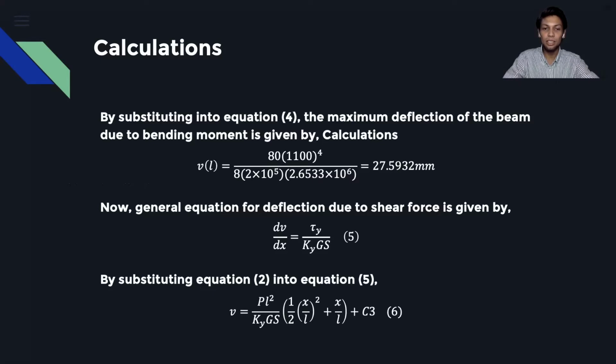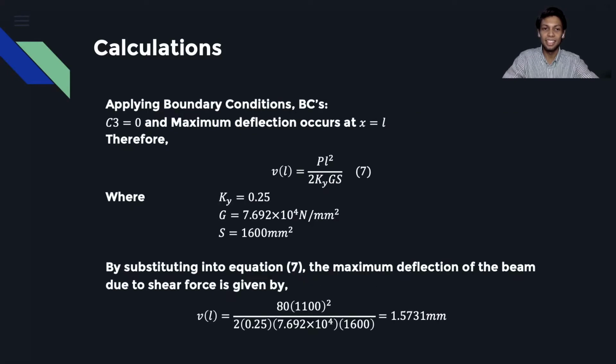Now, we know that the general equation for deflection due to shear force is given by equation 5. By substituting equation 2, the equation of shear force obtained just now, into equation 5, we obtain equation 6 consisting of C3. Again, by applying the boundary conditions at fixed support where C3 equals 0 and the maximum deflection occurs at x equals L, we obtain equation 7.